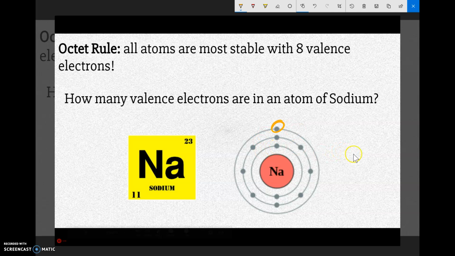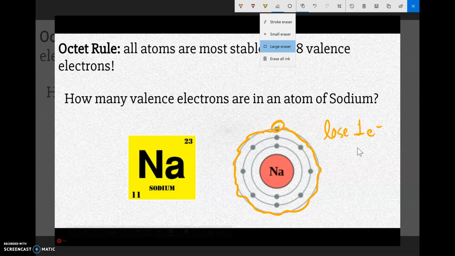And so sodium has 2 options. It can either lose this 1 valence electron, and when it does that, you get rid of this energy level right here. The next energy level down is completely full with 8. So that's one option, to have it lose 1 electron.